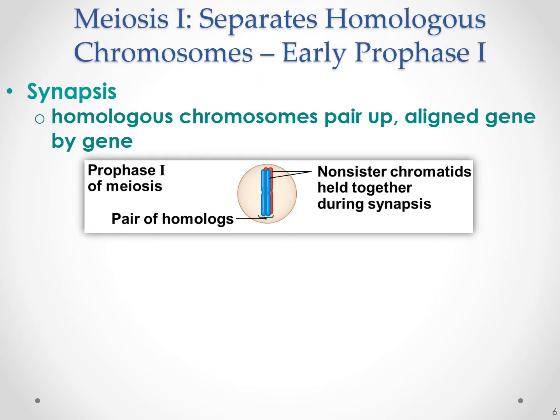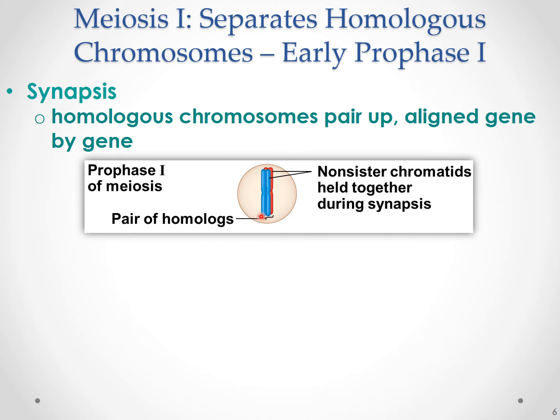Okay. Now, during meiosis 1, there are a number of things that occur, and most of this occurs during the first phase, prophase 1. So synapsis is going to occur. Synapsis is when the homologous chromosomes line up and basically pair up, creating what's called a tetrad.